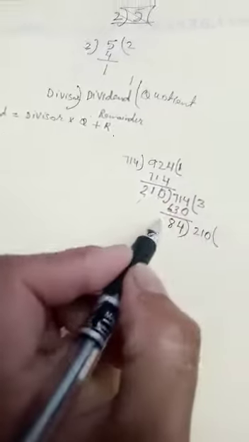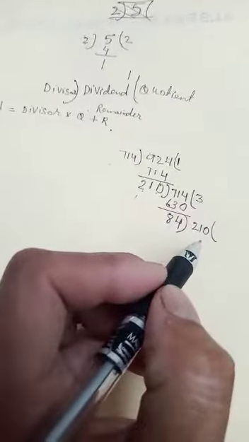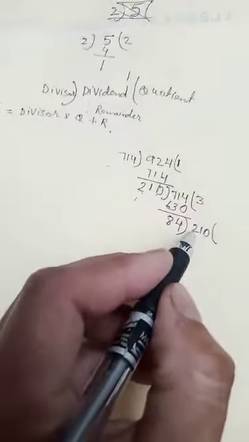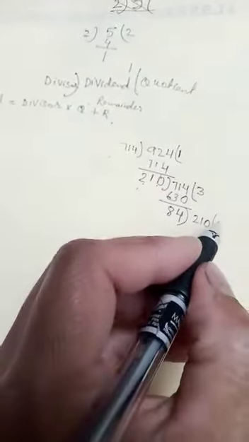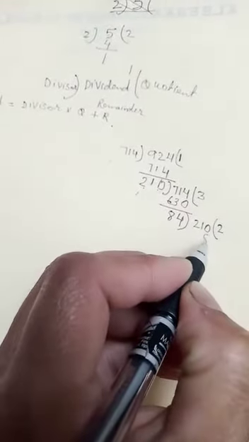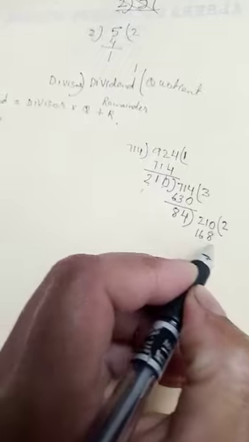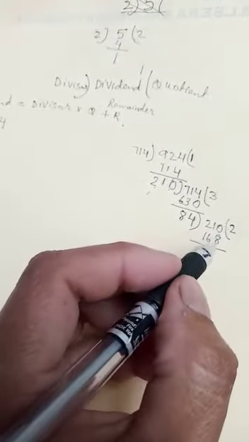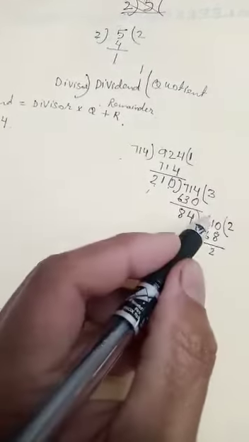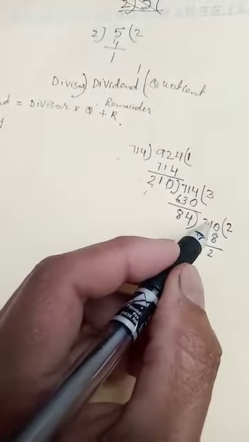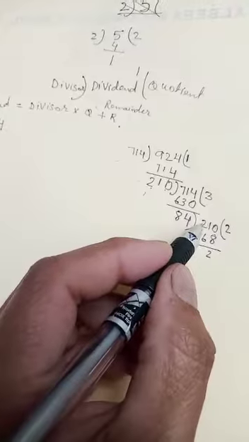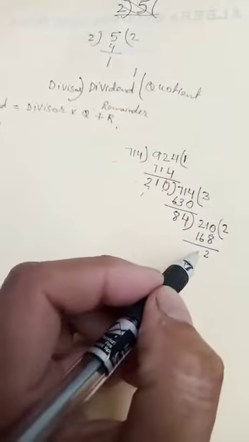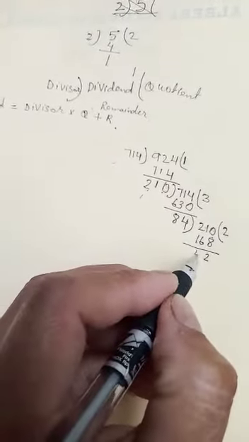So here also 84 into 1 will be near to 210. If we go with 1 it is still small, so we will go with 2. Then again you subtract: 10 minus 8 will be 2. Then the 1 here becomes 0, borrow from here, it becomes 10. 10 minus 6, it will become 4.